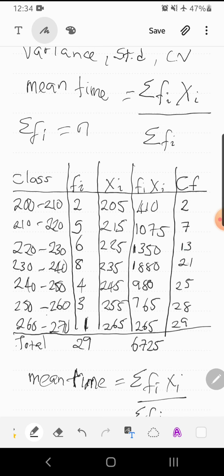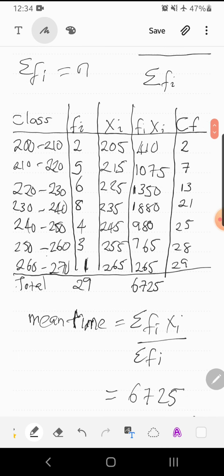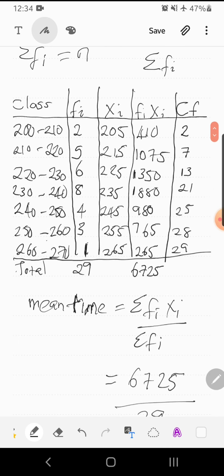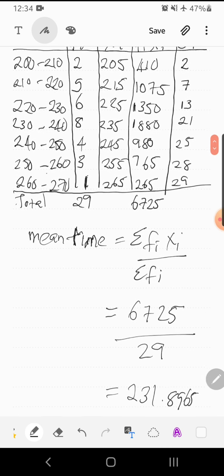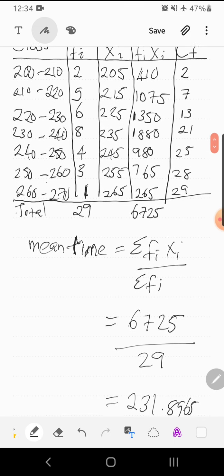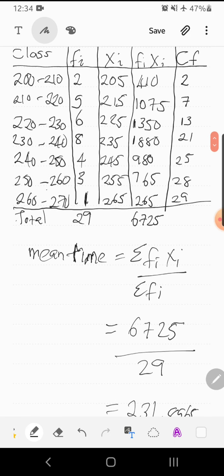The 15th value will lie in this class, that is 230 to 240, and this class we'll take as the median class, the class that contains the median. According to the formula, we have to look for the cumulative frequency before this class, which is just 13. And the frequency of the median class is 8.